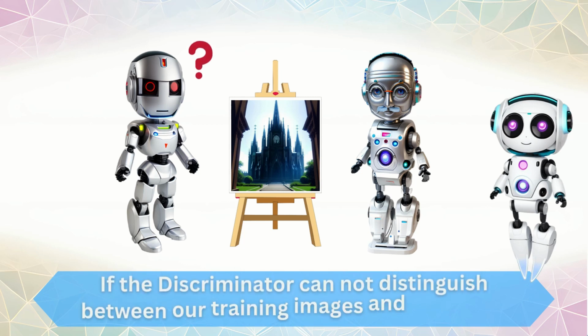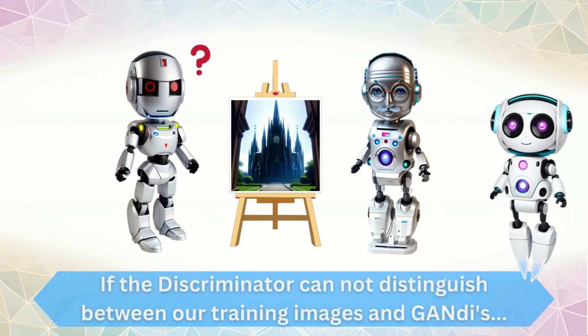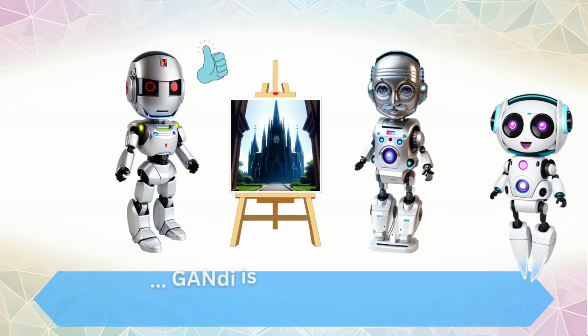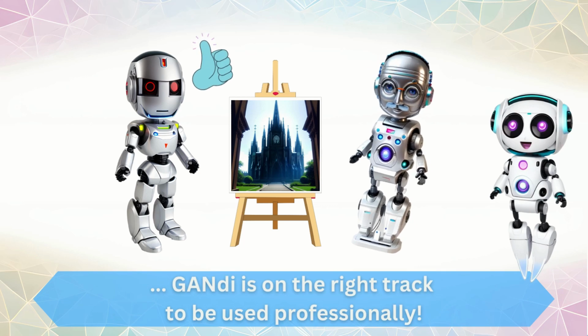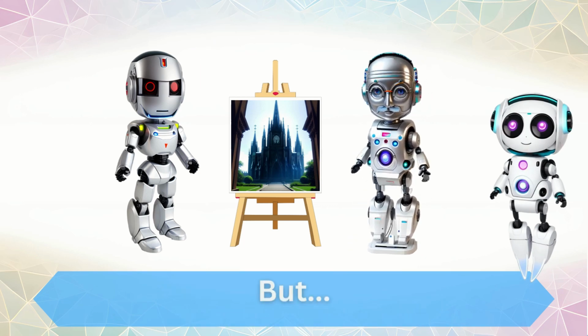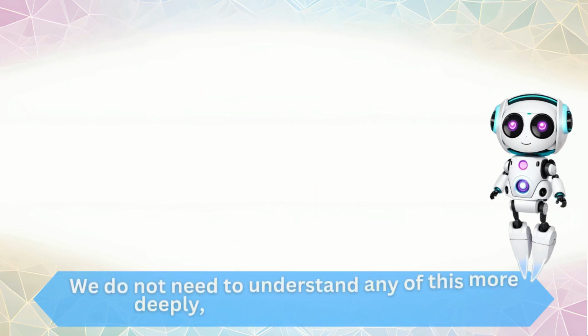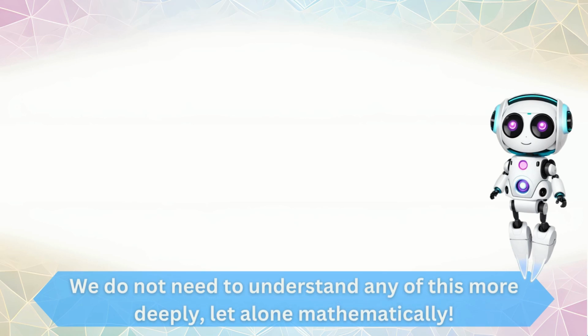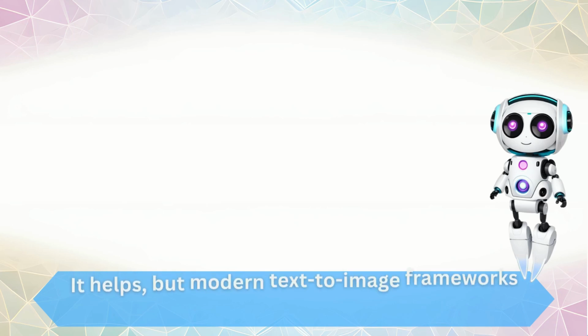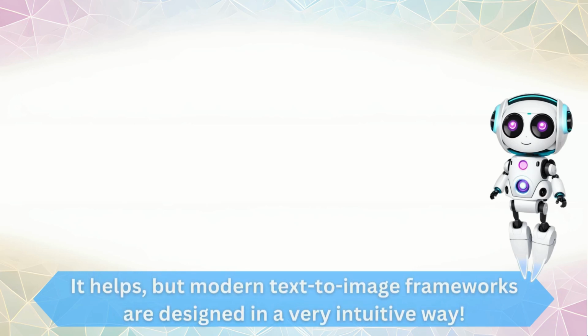If the discriminator cannot distinguish between our training images and Gandhi's, then Gandhi is on the right track to be used professionally. But we do not need to understand any of this more deeply, let alone mathematically. It helps, but modern text-to-image frameworks are designed in a very intuitive way.